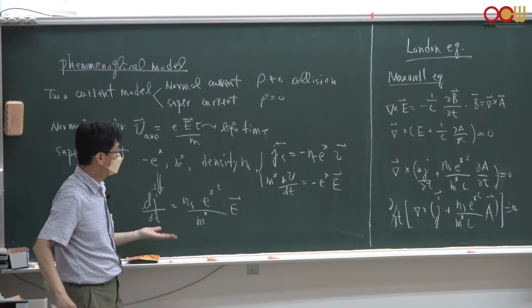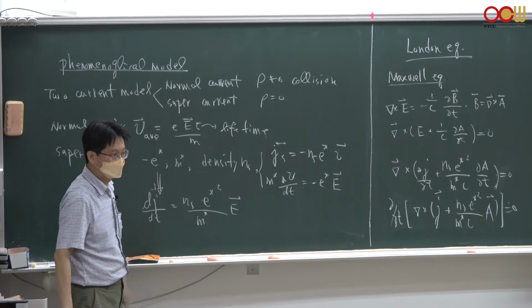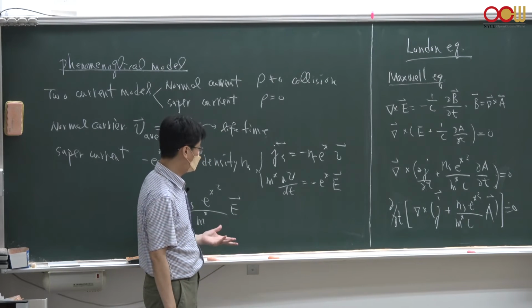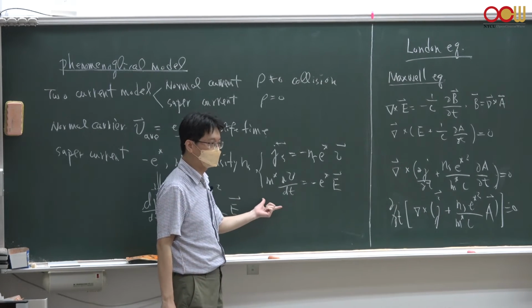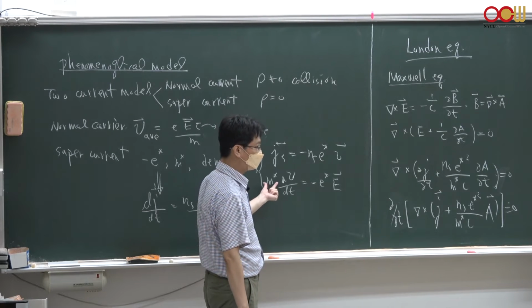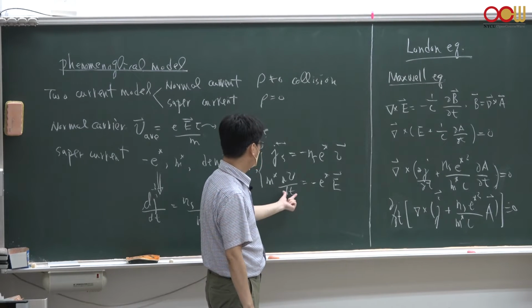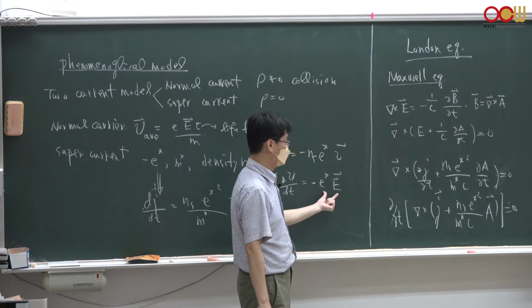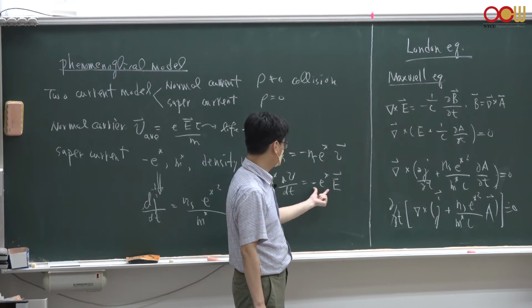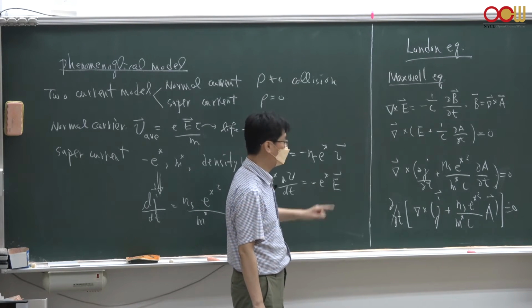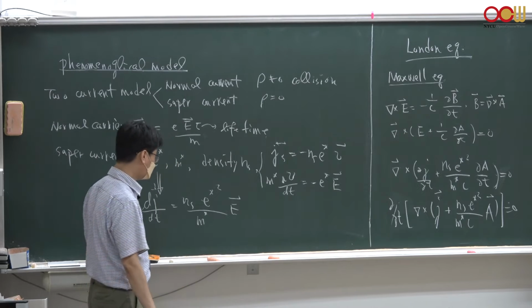Because there is no resistance or dissipation, the electrons follow Newtonian mechanics, namely F equals ma, where m star is the electron mass in the superconducting state and dv dt is the acceleration of that electron in the supercurrent state, which is given by the force. The force is minus e star times the electric field.